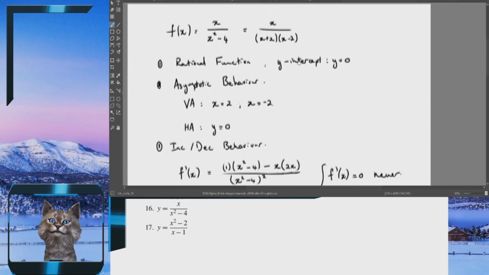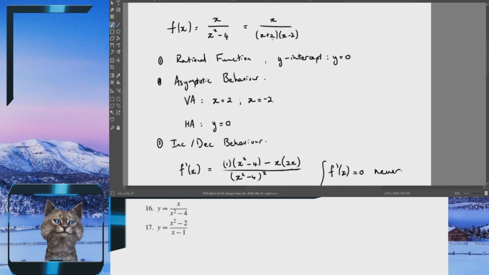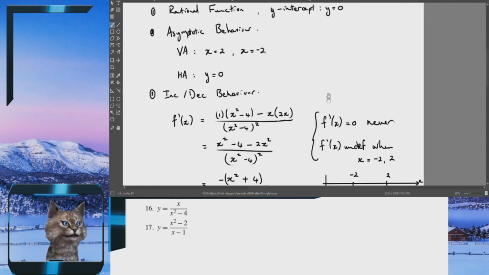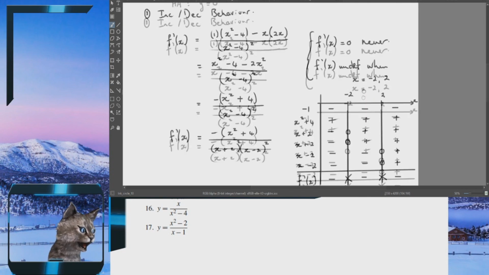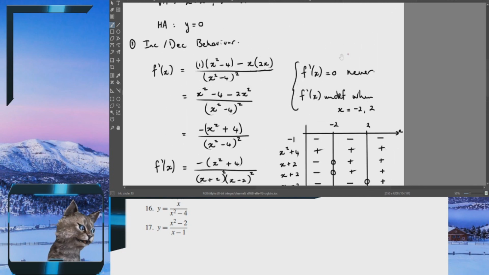When I look at my original function, I can't plug in x equal to 2 or negative 2. So there are no y values. The function is undefined. So we'll say up here, there are no critical points.